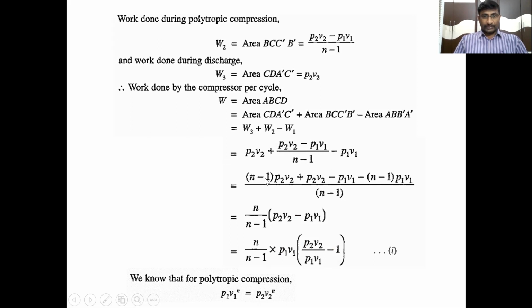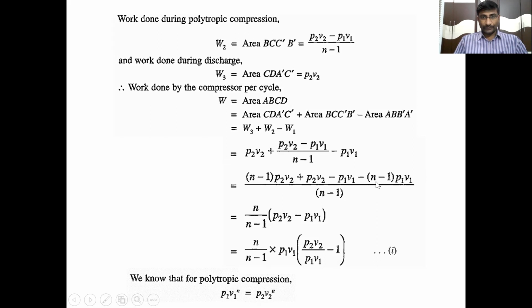Clear? So here P2 V2 can be common. From this we can take common like this, n by n minus 1. From these two terms, n into P2 V2 remains, because minus 1 into P2 V2 plus P2 V2 cancel. Here also minus P1 V1 plus P1 V1 cancel, therefore minus n into P1 V1.